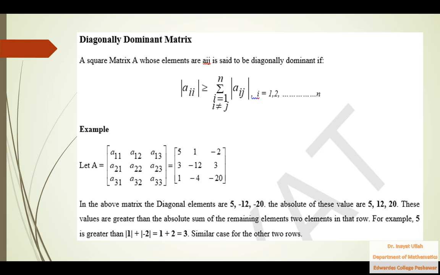Students, in this lecture we will study about the diagonally dominant form of a matrix. A square matrix A whose elements are Aij is said to be diagonally dominant if the absolute value of diagonal entries, these are the diagonal entries, A11, A22, A33, this is the diagonal.